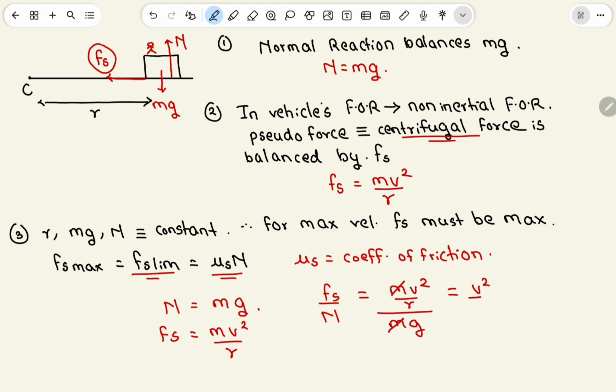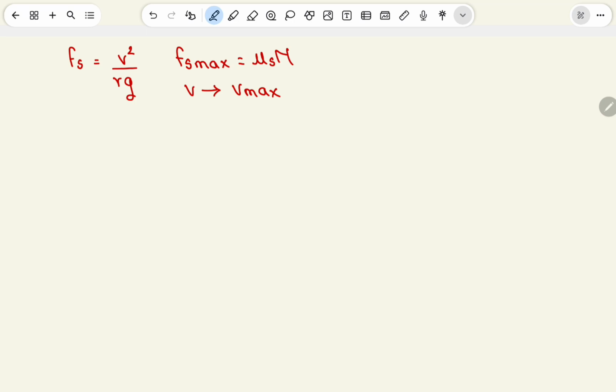M and m get cancelled, and what we get is v square by rg. Now we just saw that for maximum velocity, we require friction force to be maximum, which is nothing but mu s into N. So let's substitute these values and find out the maximum speed of the vehicle.